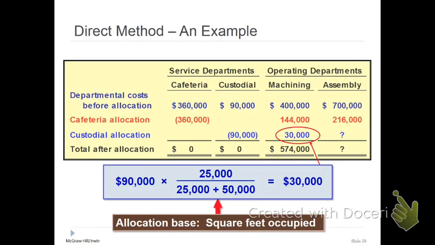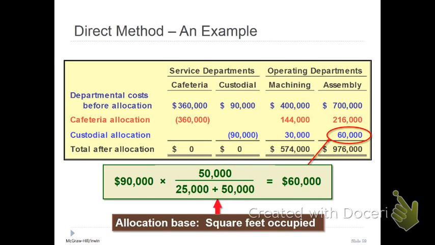I'm going to do the same thing with the custodial, but now keep in mind the base was the square feet. So the machining department had 25,000 square feet. The assembly department had 50,000 square feet. In total, they had 75,000 square feet. So I'm going to take the 25 grand, the square feet for machining, divide it by the total, and I'm going to move 1/3 of the costs to machining.